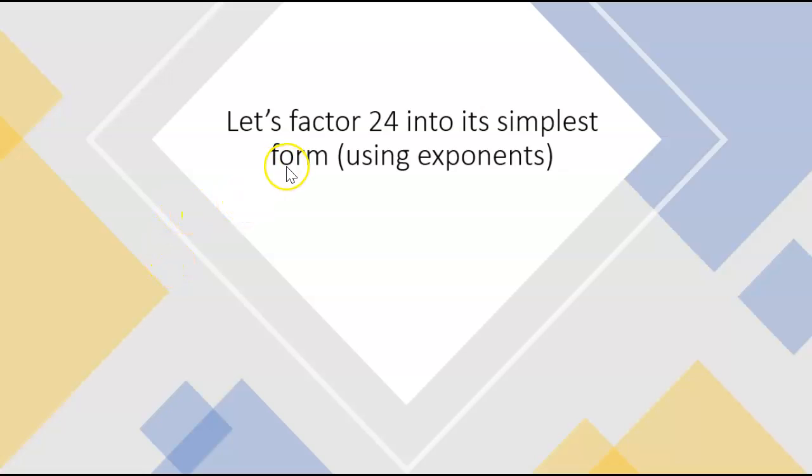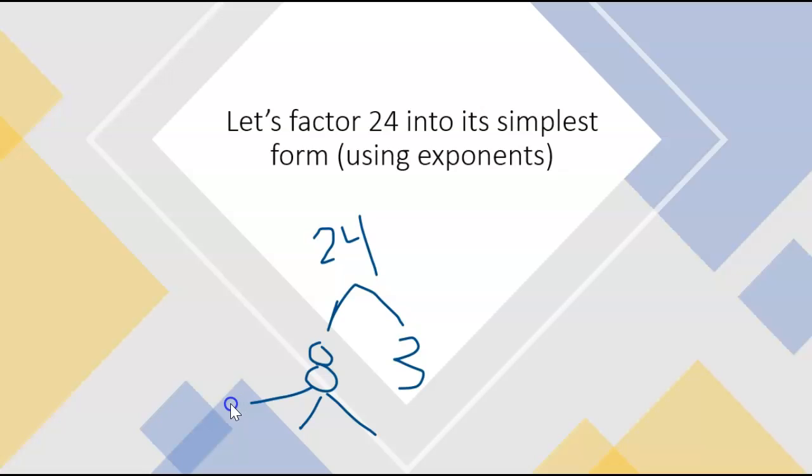So if we want to say 24, 24 is the same as 8 times 3, right? And 8 is the same as 2 times 2 times 2, because 2 cubed is 8. Now everything is prime.